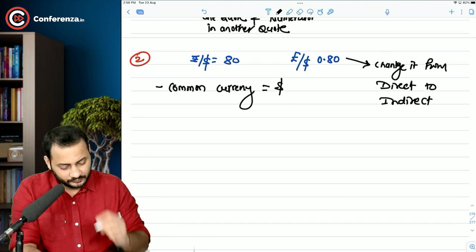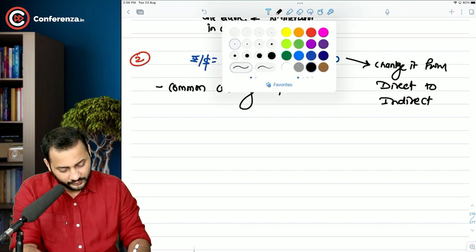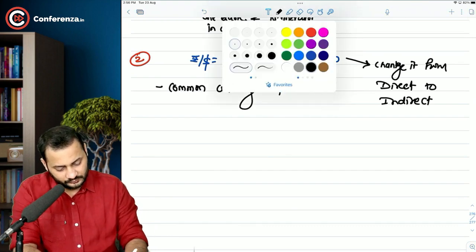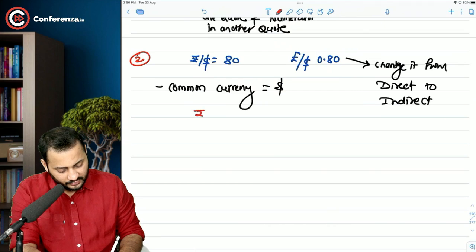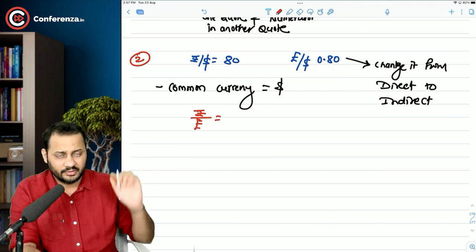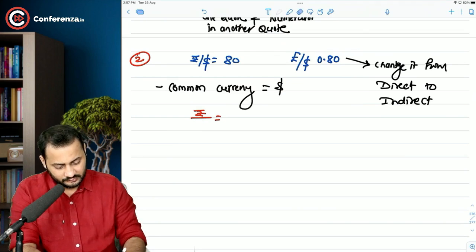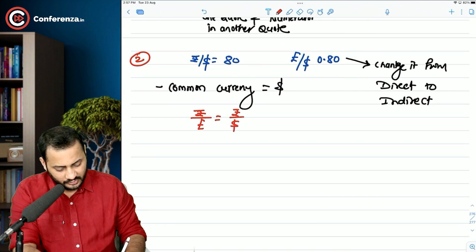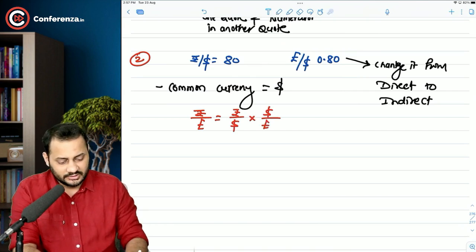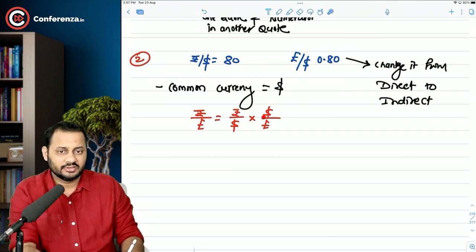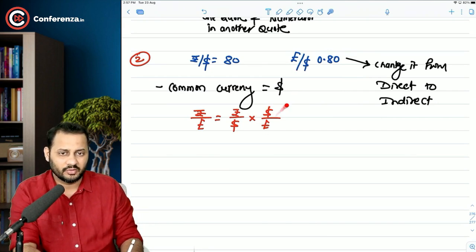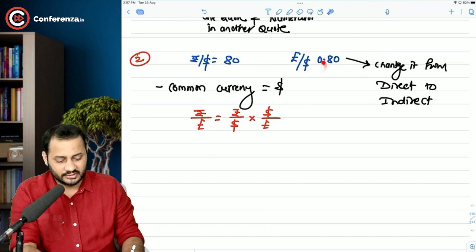So what are we going to do? We need rupees per pound, and for that let's frame the equation. Rupees per dollar multiplied by dollar per pound. Since we know that the quotation given here is not matching with this dollar per pound, we have to reverse this quotation.